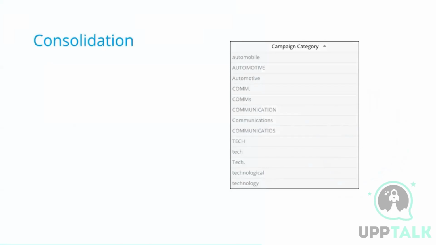Suppose you have definitely faced a situation whereby your campaign category, or any of your fields, is not following the case, or not following one taxonomy level naming.